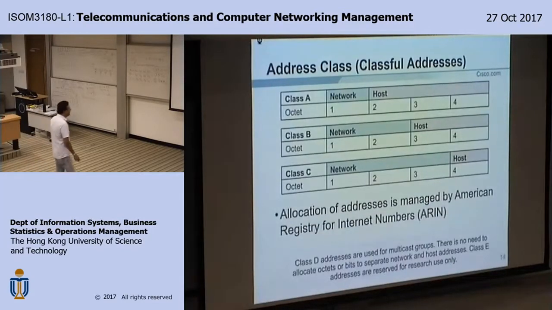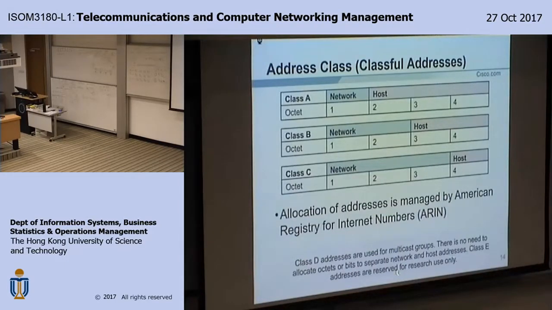All right. Now the next thing we're going to discuss is the different classes of IP address. How many classes do we have altogether? A, B, C, and class D and E. Altogether, 5. Class D is for multicast. Remember multicast? Sending a message to a group.